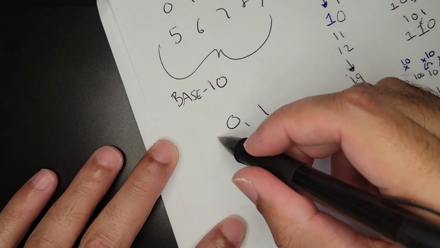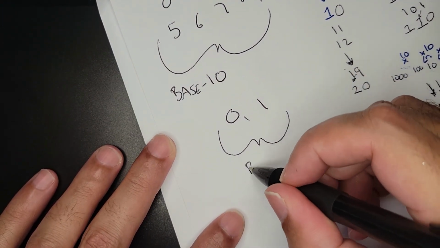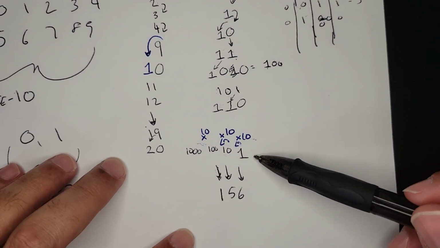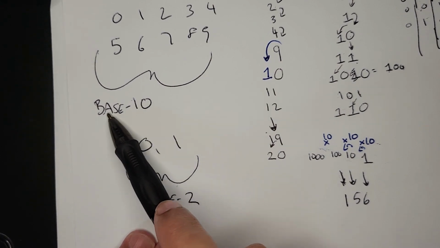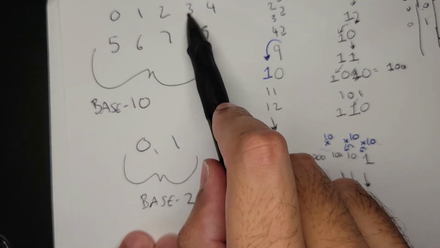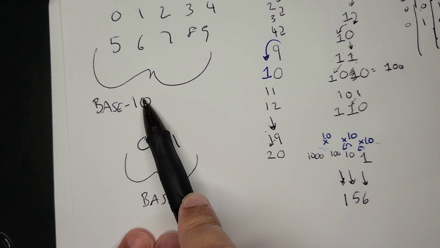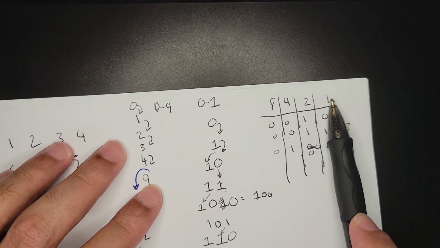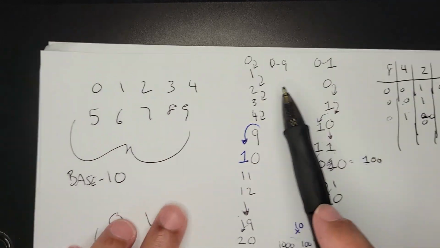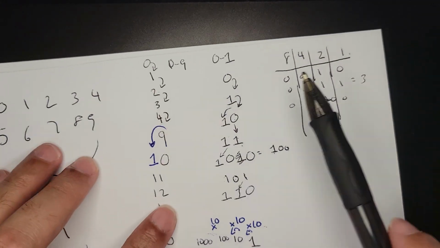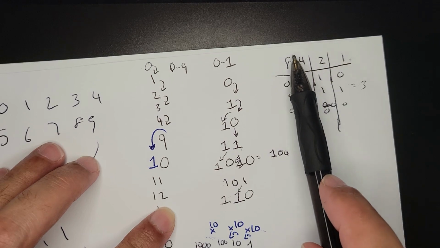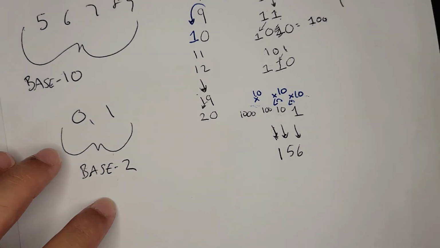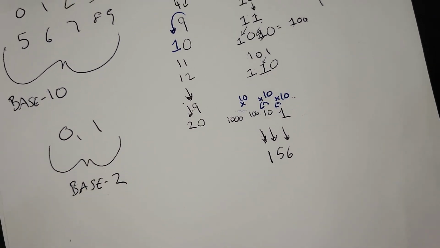So this is a base 2. So all we're doing here is using the value of the base of what the number is. In this case, we have 10 digits, so we use the number 10. In this case, we have 2 digits, so we use the number 2. And we start with 1, and we multiply by whatever number of digits we have available to use. In this case, we only have 2, so it's 1 times 2 times 2 times 2. And with 10, it's 10 times 10 times 10. So that's another way to look at it.